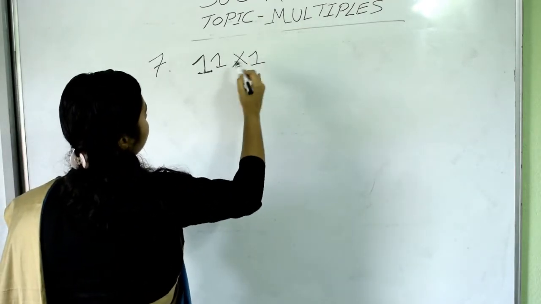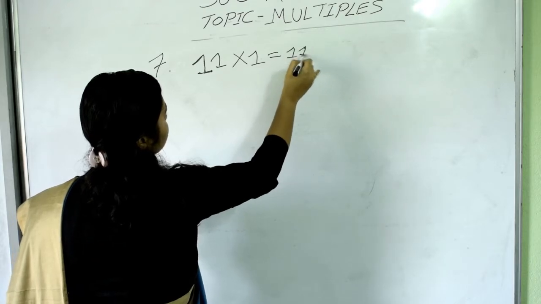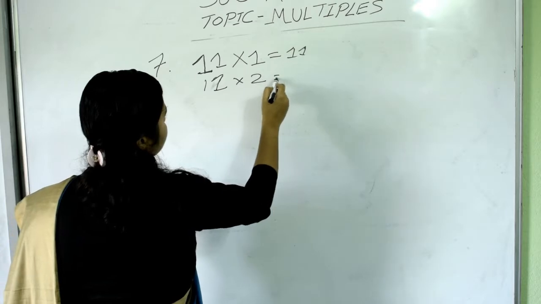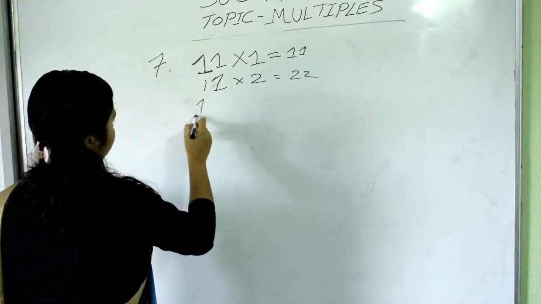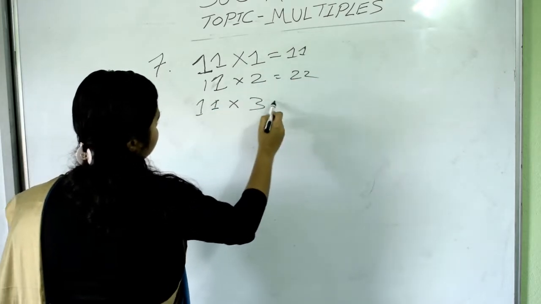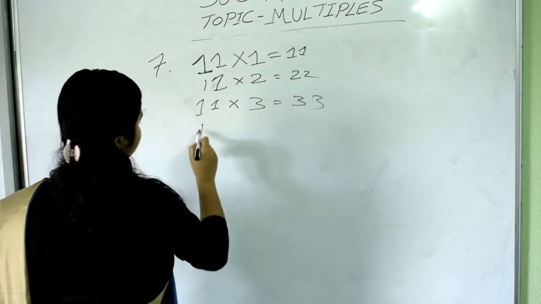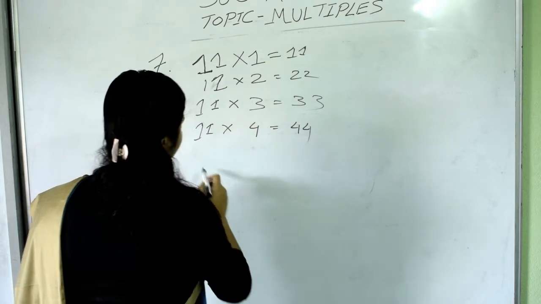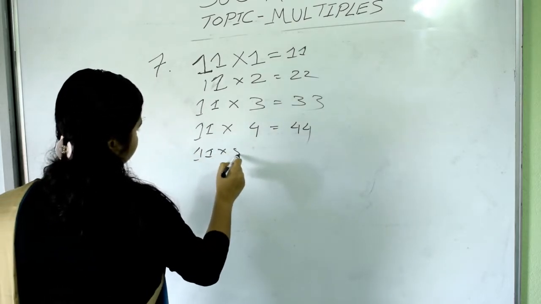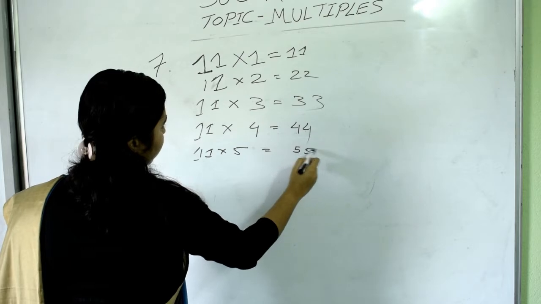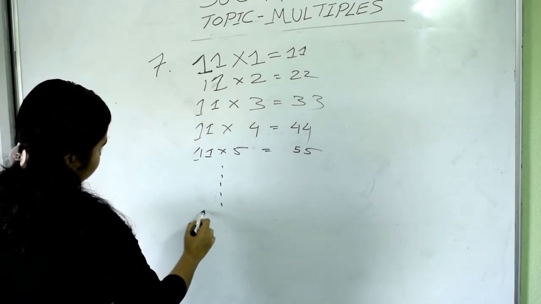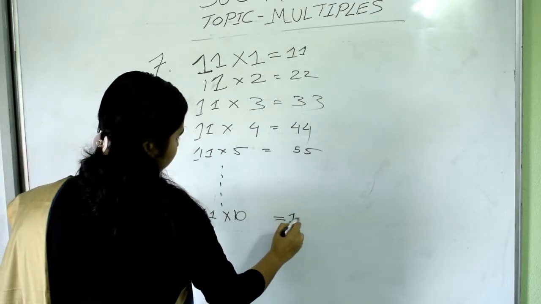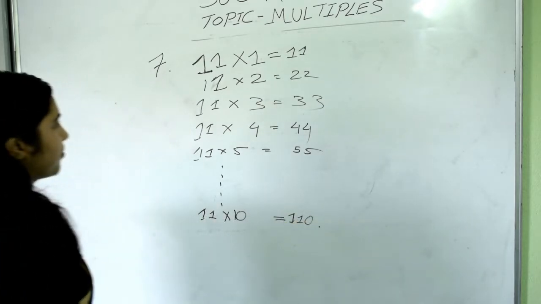So the first 10 multiples of 11: first one is 11 itself, second one 22, third one 33, and so on, 55. 11 into 10 is 110.